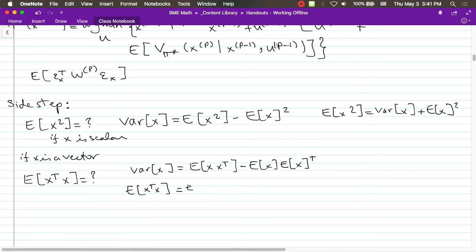So that's the expected value of the trace of the quantity x x transpose. So this is our trick. Look, x transpose x is a scalar quantity. Trace of x x transpose is a scalar quantity. And now I have a quantity here that looks like this. Because trace is a linear operator, I can take the trace out and put the expected value of x x transpose in there.